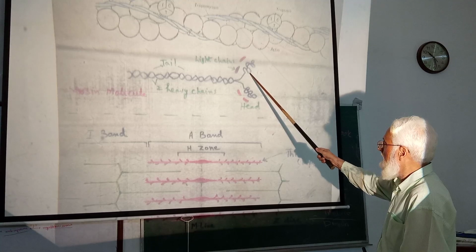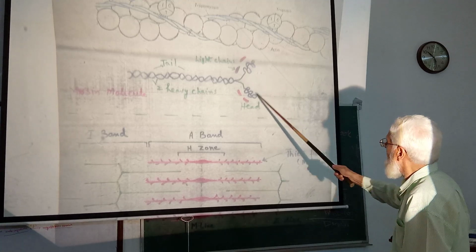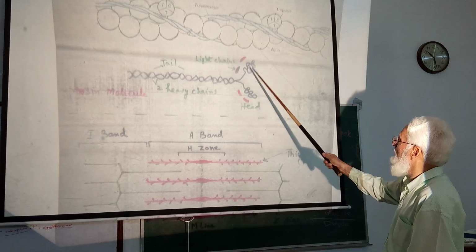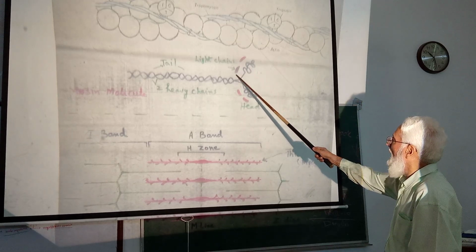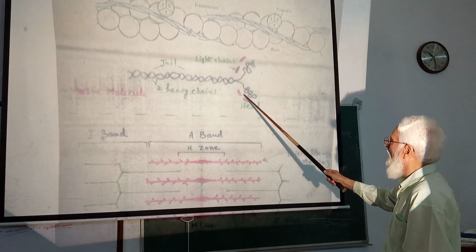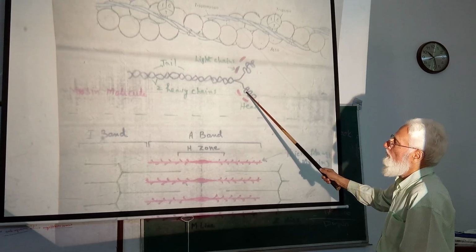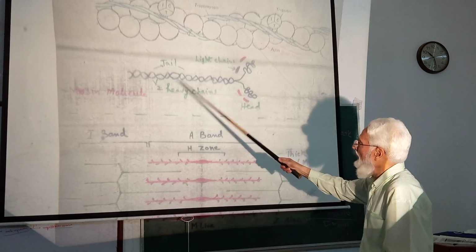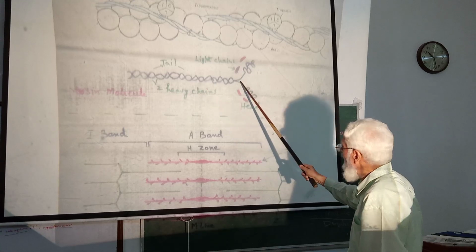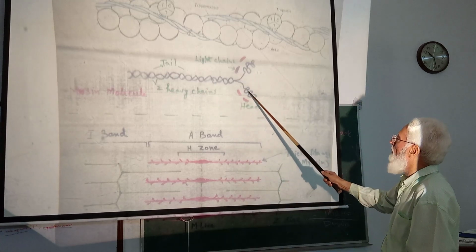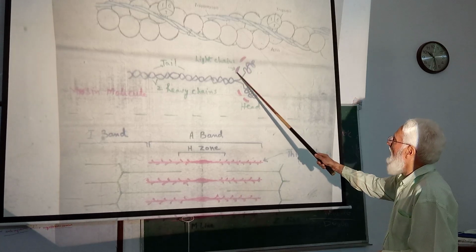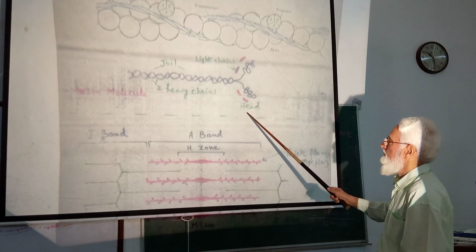So at one end, the two heavy chains are folded to form the head portion, and in the head portion, four light chains are also present.